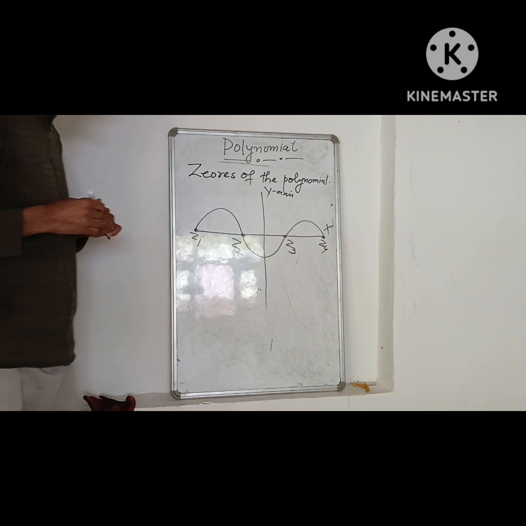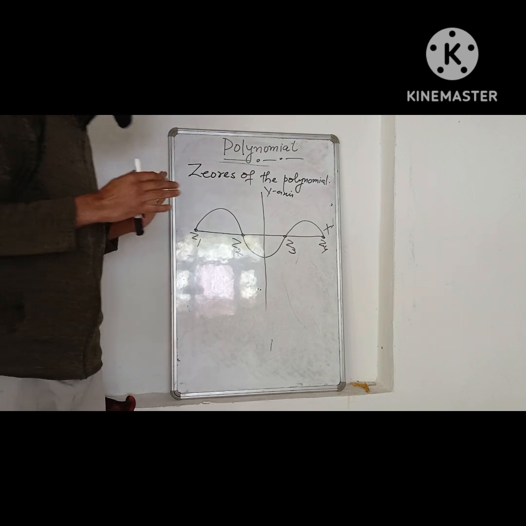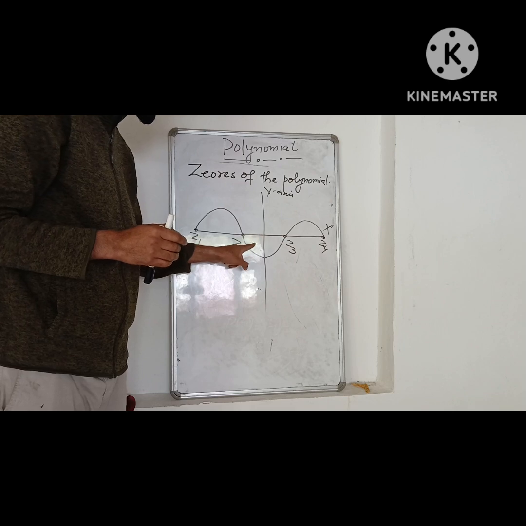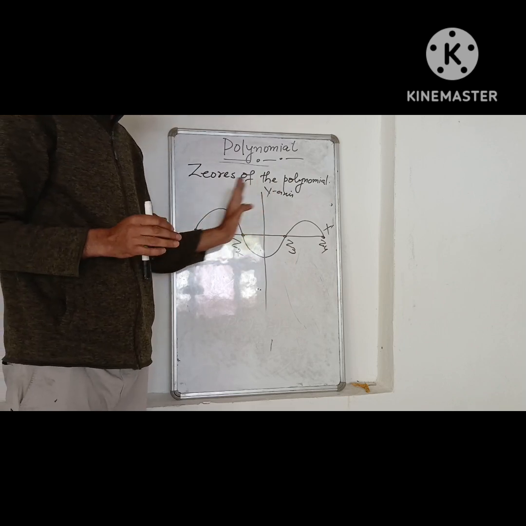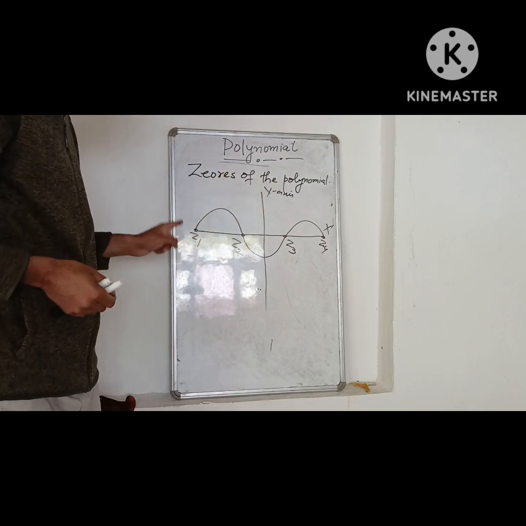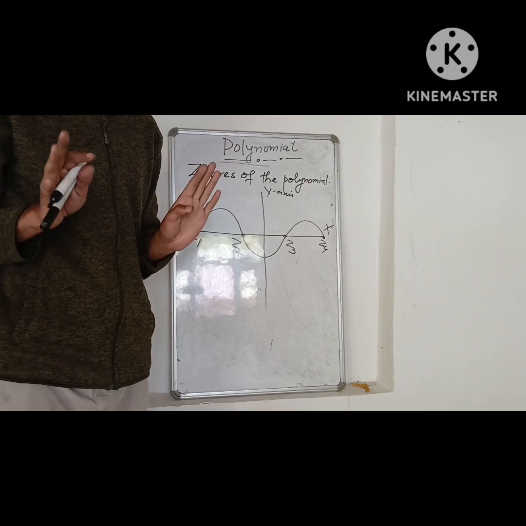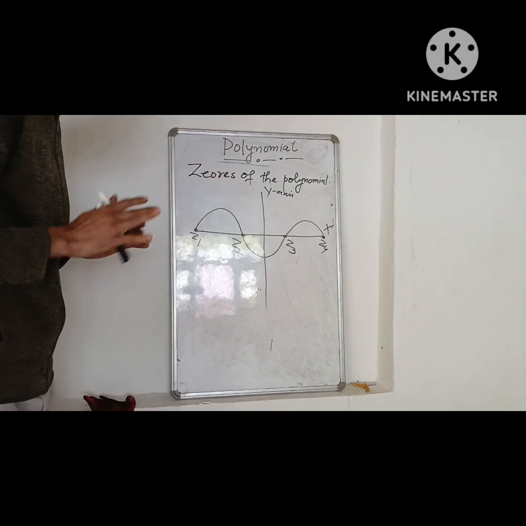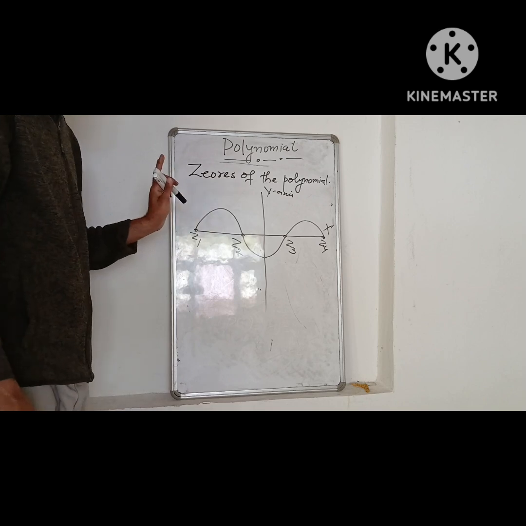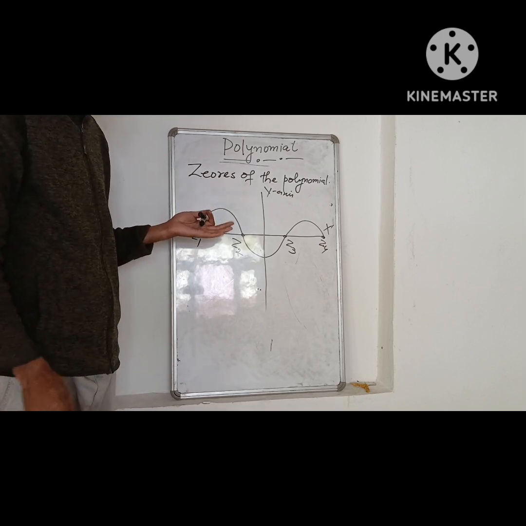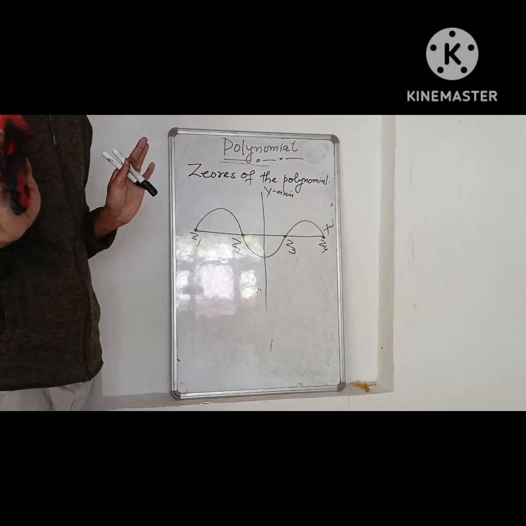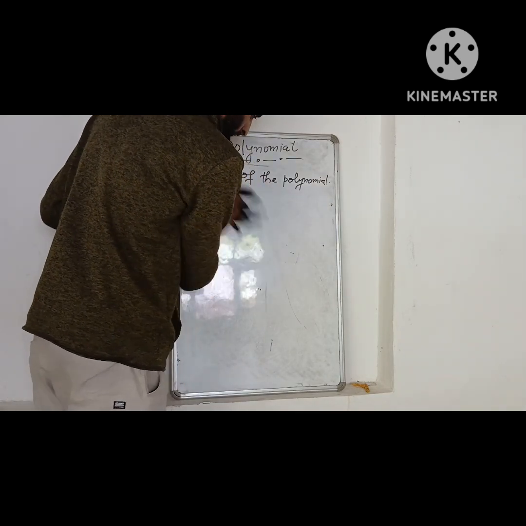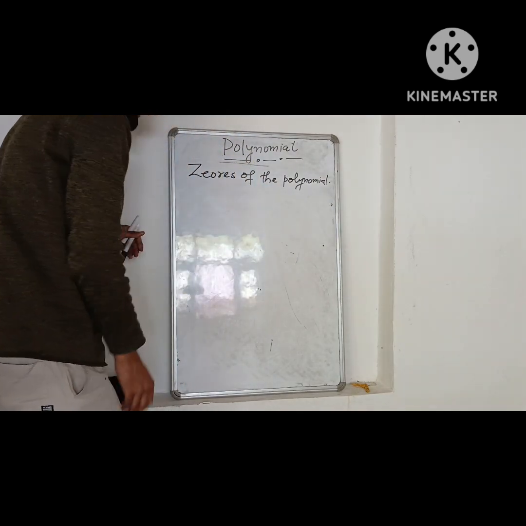I can say that these points are the zeros of the polynomial, and the number of zeros is equal to 4. You can visualize it also by that. Where it cuts the x-axis, these points become the zeros of a polynomial. Okay. Thank you.